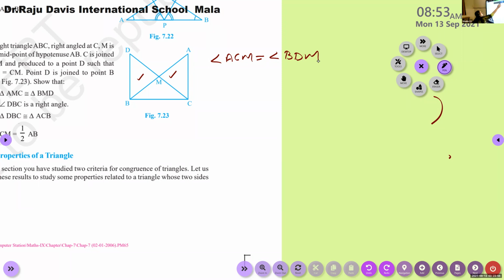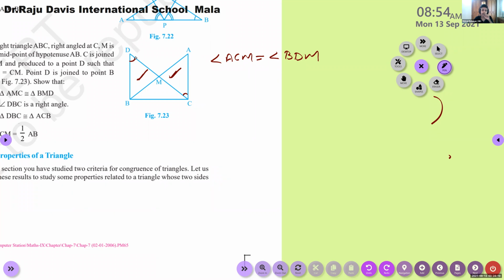Angle ACM, this angle. These two triangles we have proved congruent in the first question, and these two angles are equal. Can I say these two angles are equal? ACM and BDM. Why?